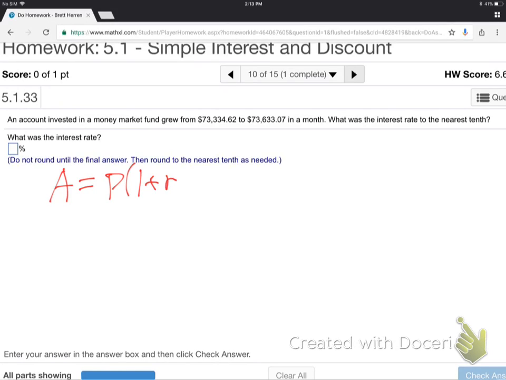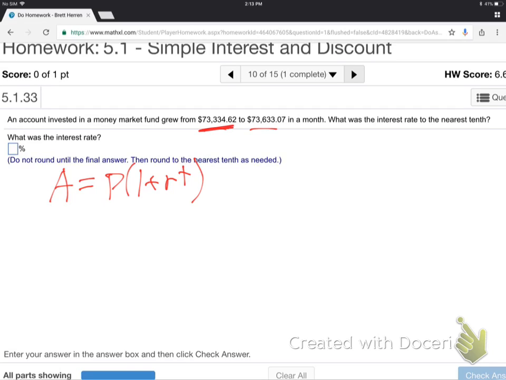So 1 plus RT, same formula. Keep using that same formula. So an account invested in a money market fund grew from this to this in a month. What was the rate? All right, let's start with what this first amount is.